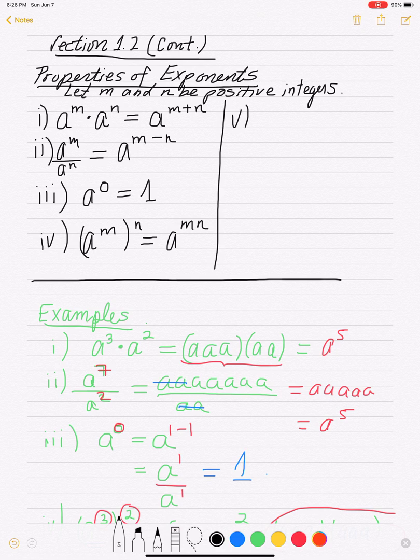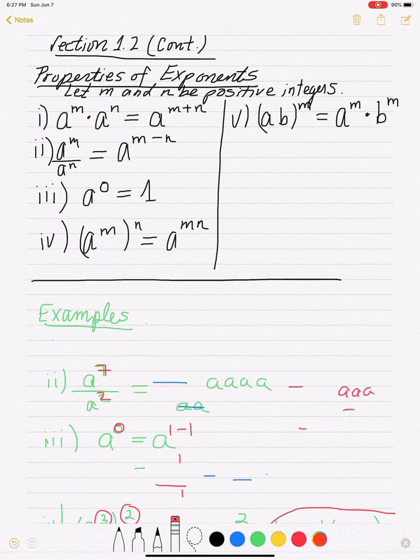How about a times b to the nth power? Well, what you can basically do is distribute the exponent over top of those 2 components. You can do a to the n times b to the n. Yeah, so exponents distribute over top of multiplication. Exponents distribute over multiplication.